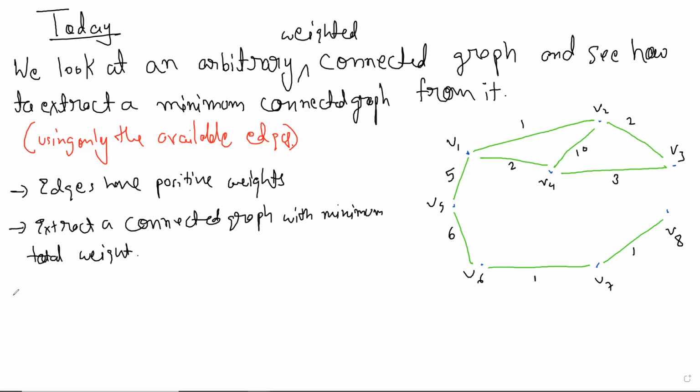Total weight just means the sum of the weights on the edges of the graph that you have extracted.